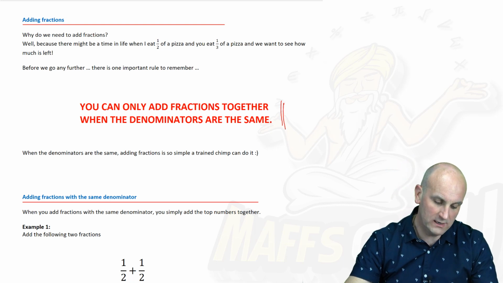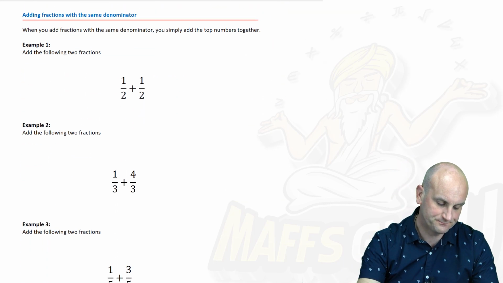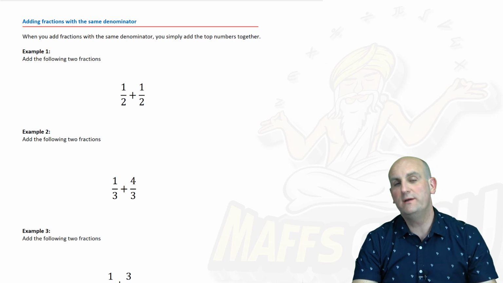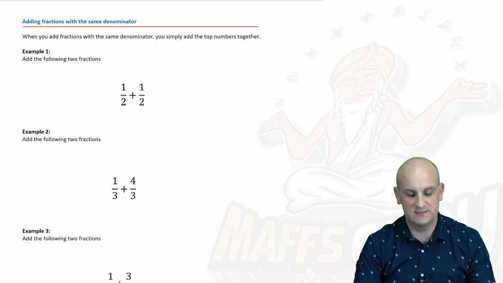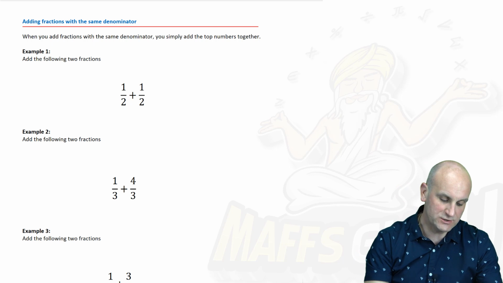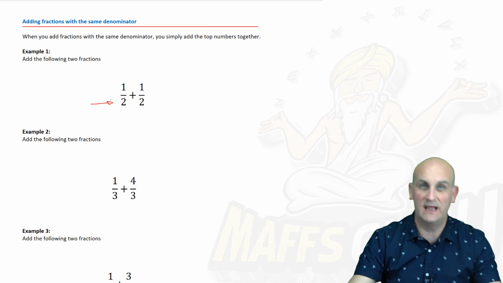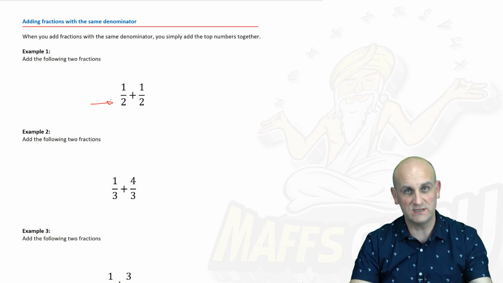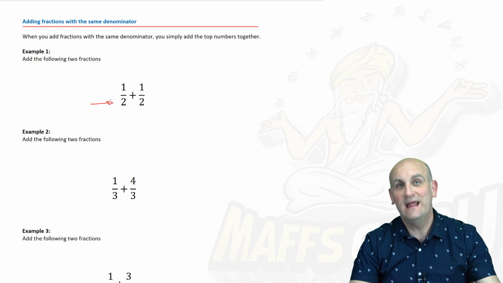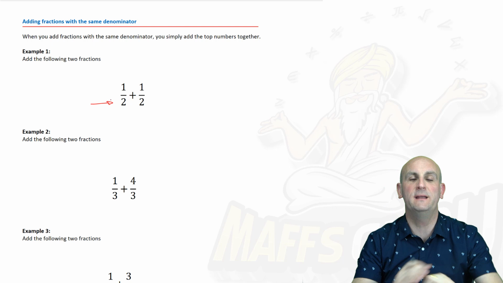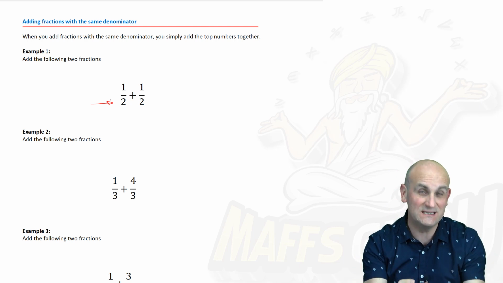So let's have a look at a really basic example. And in fact, I'm going to show you where people tend to make lots of silly mistakes. Now, first question, always ask yourself the same thing. Are the numbers on the bottom the same? Of course they are. They are both 2s. Now, this is what people tend to do, and they make such a fundamentally silly mistake.